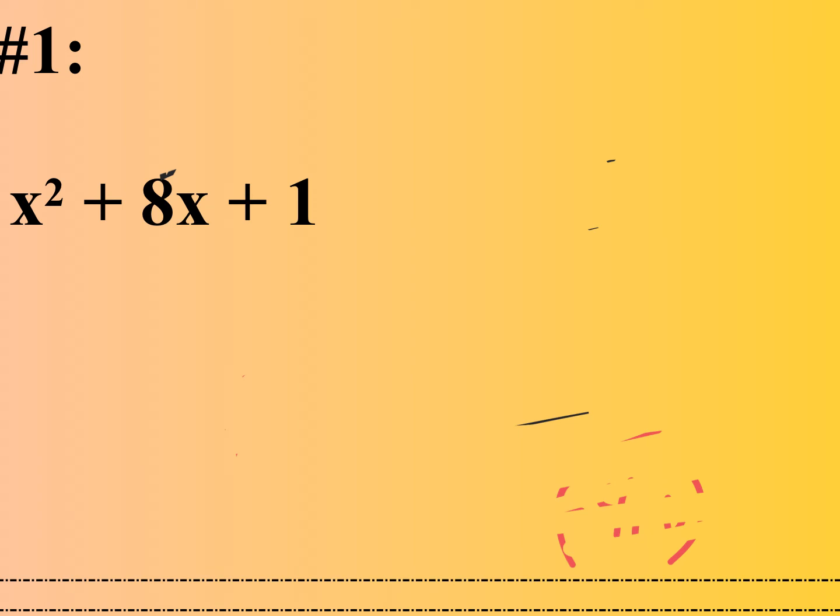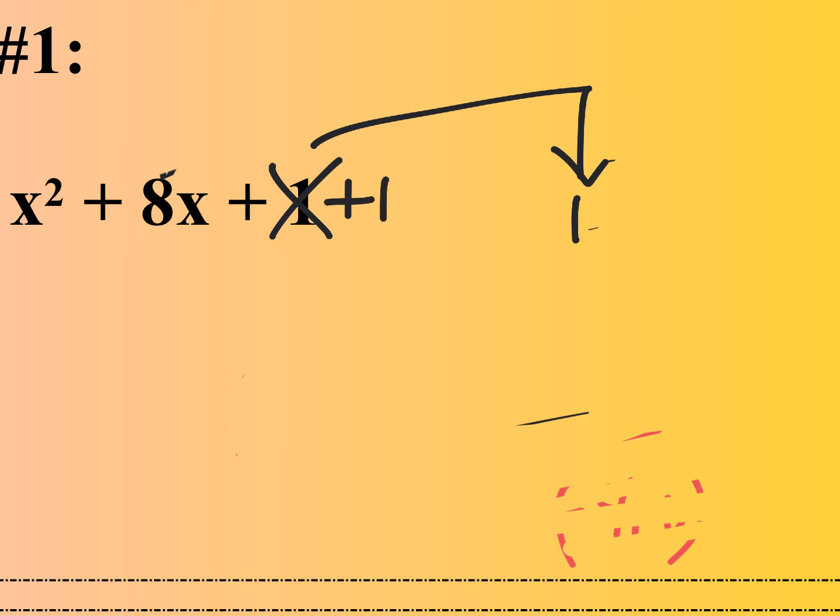I could move this 1 over here. I'm just moving it over. 15-minute warning. I'm going to move the 1 over here. And then I'm going to do the number I wish it was, which is 16. But I'm not forgetting about the 1.